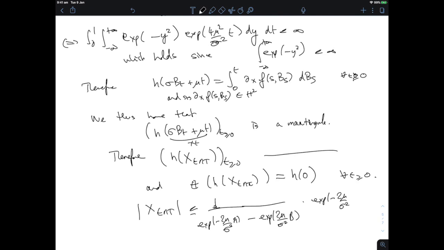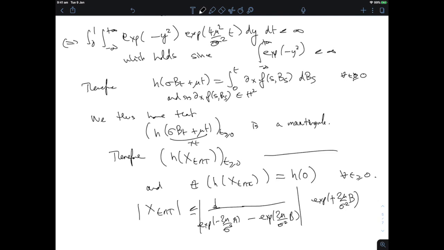I have to be careful, because an exponential is positive, this number at the bottom would be negative, and the worst that this can be is at minus b, right?